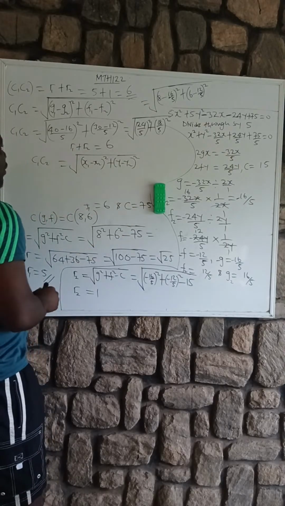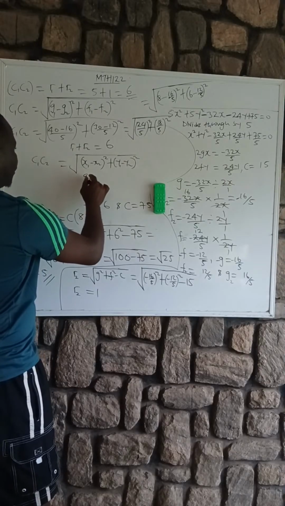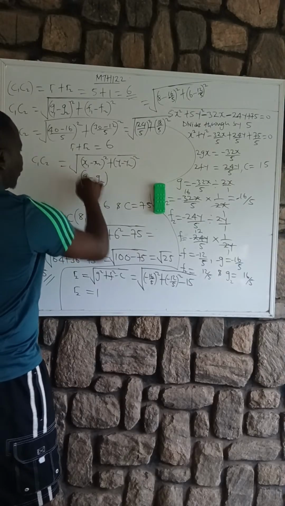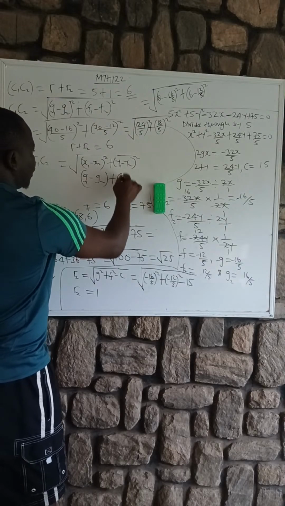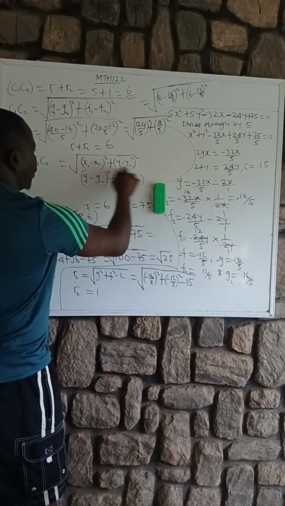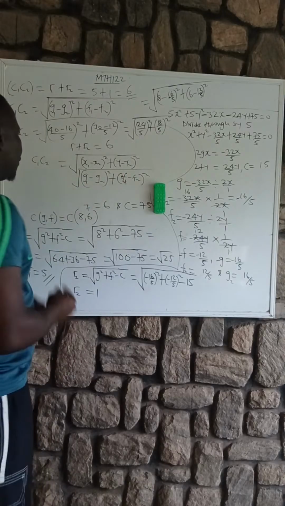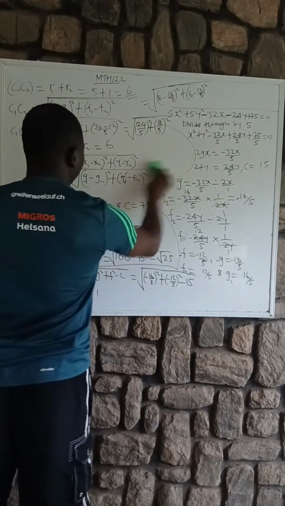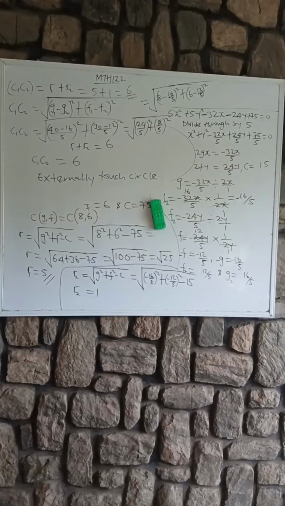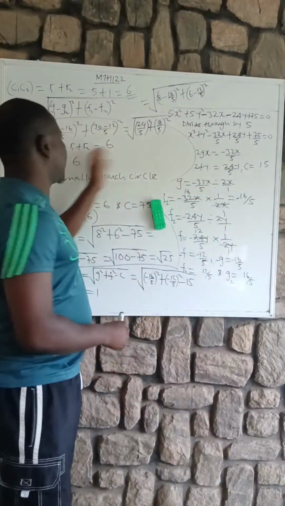Since we are talking about centers, we now convert this to g1 minus g2 plus f1 minus f2 all in square. Can you see? So this is what we use. Please take note. Are you following? As you can see, this is equal to this.